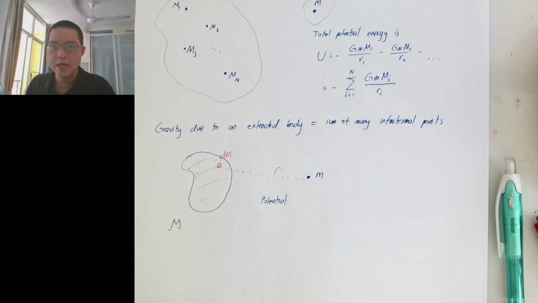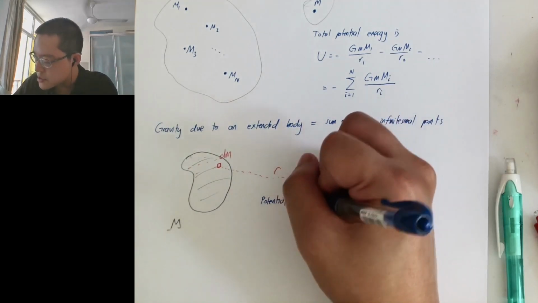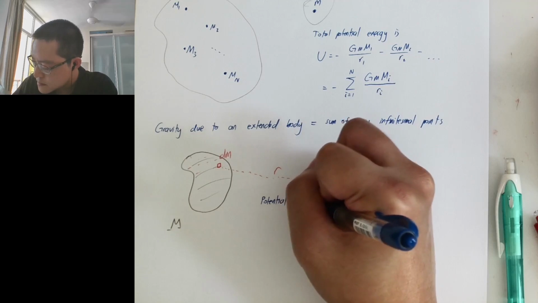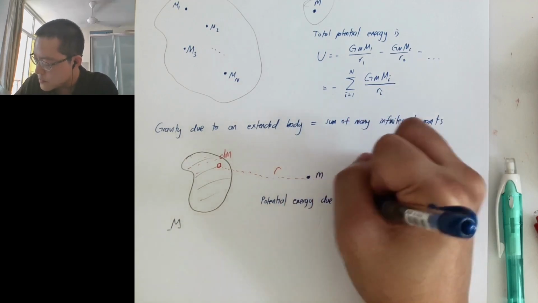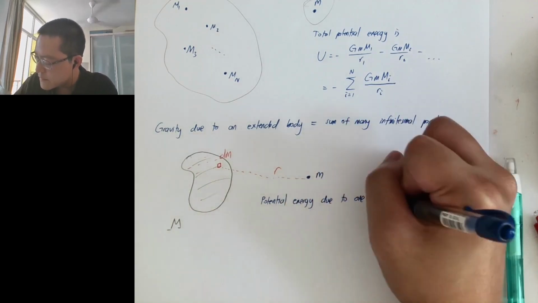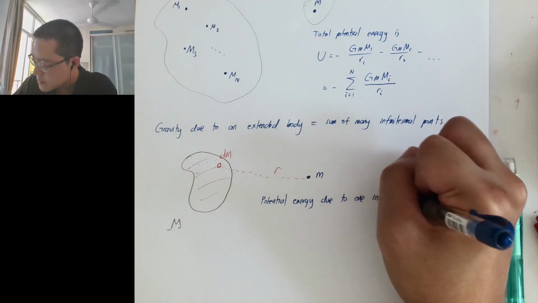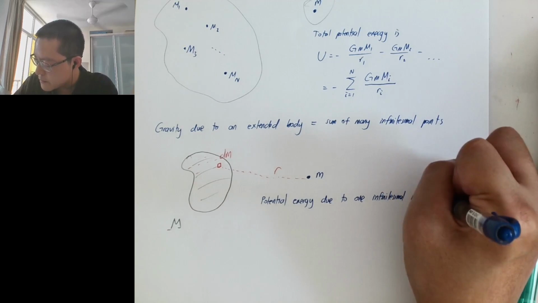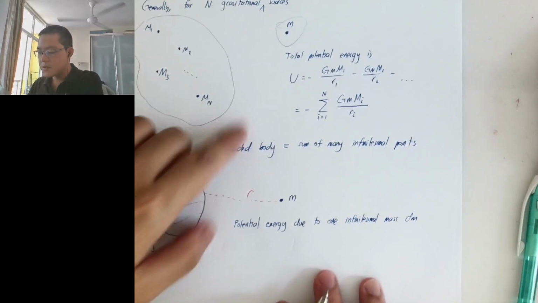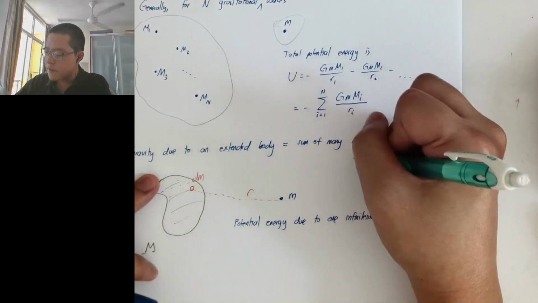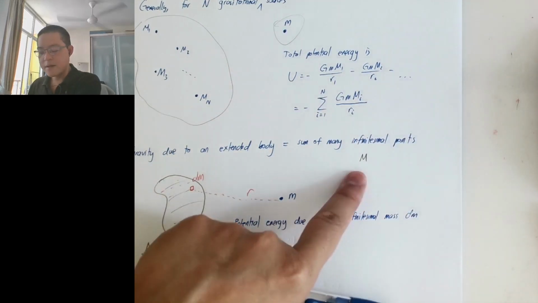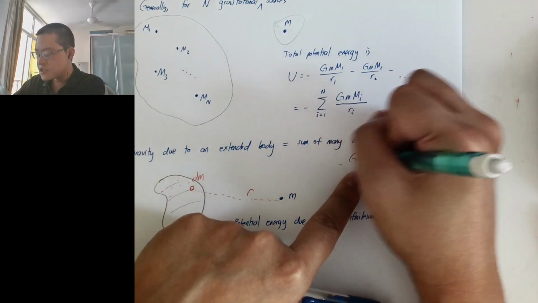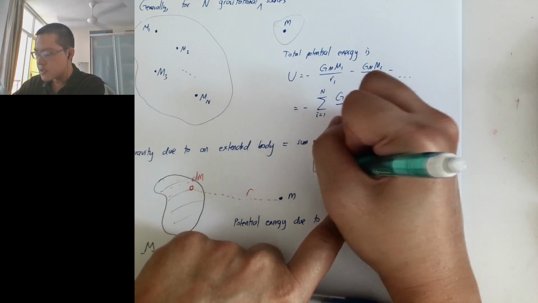So focus on potential first. The potential energy due to one infinitesimal point dm is this. For an object of mass M, the potential energy is GMm over r. So this is the potential.